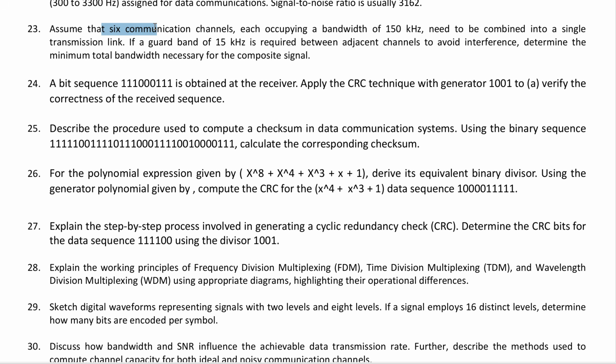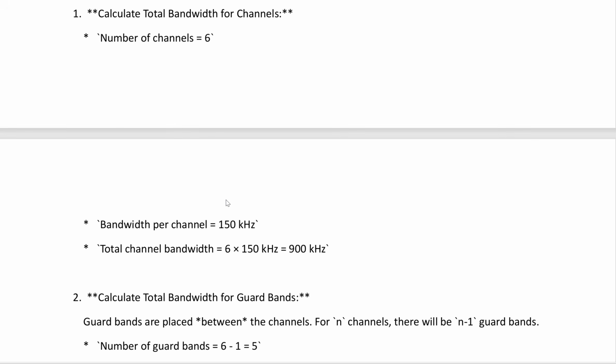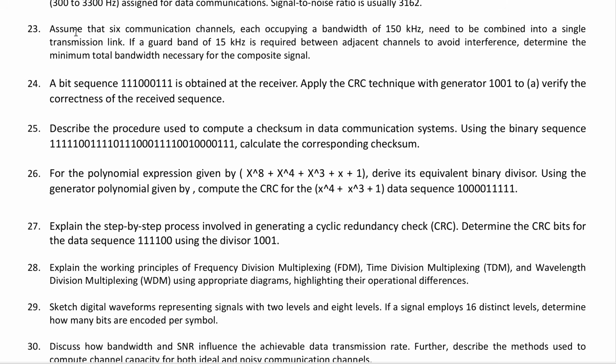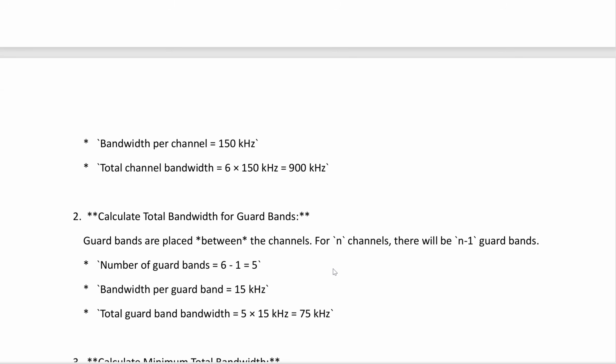The number of channels is 6, and the bandwidth per channel is 150 kilohertz. So the total channel bandwidth will be 6 into 150 kilohertz, which is 900 kilohertz.